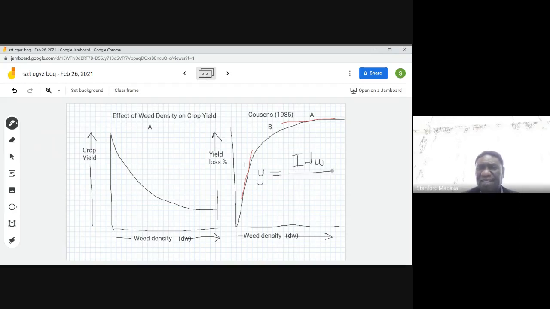This is going to be divided by 1 plus, again, this portion, slope multiplied by dW over A. This is in brackets.